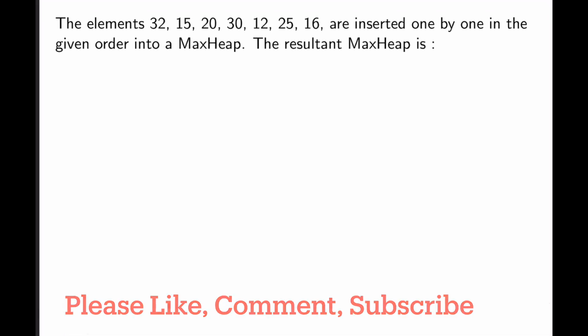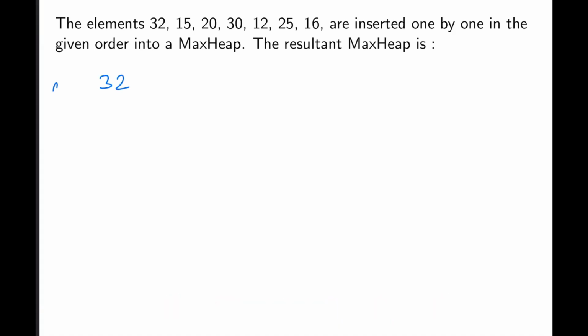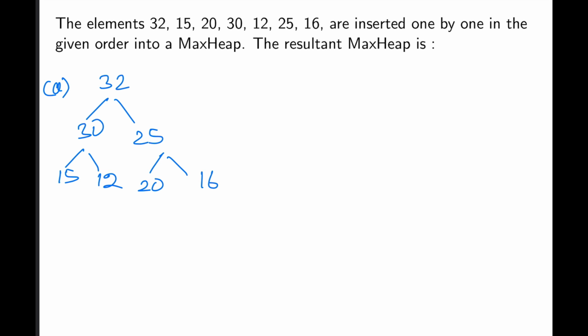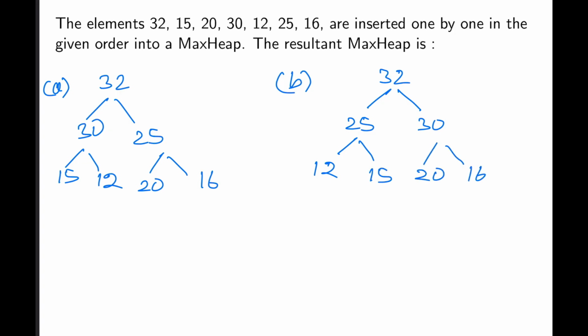The options are like this. Option A: 32, 30, then 25, then 15, then 12, 20, 16. Option B: 32, 25, 30, then 12, then 15, 20, 16.